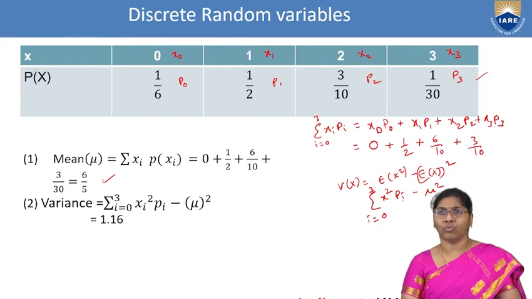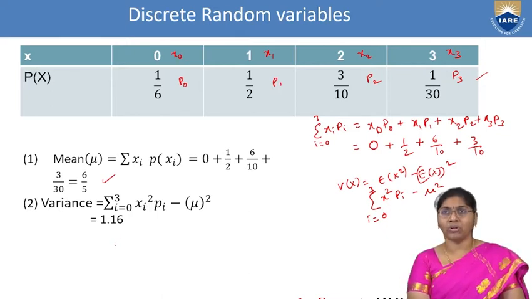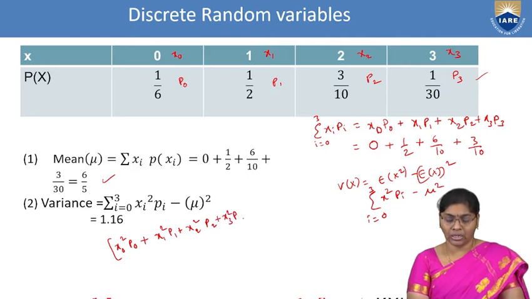The random variables are 4. Here we are calculating like this: x0 square p0 plus x1 square p1 plus x2 square p2 plus x3 square p3.